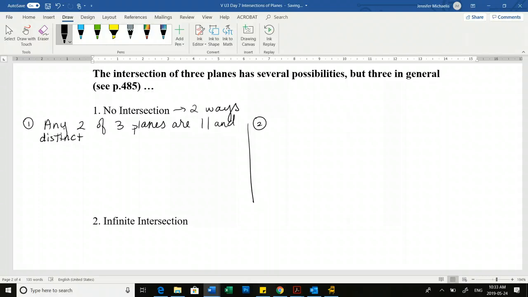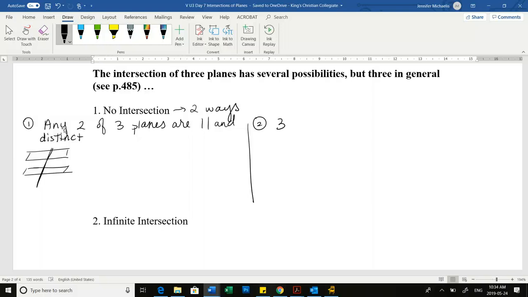This is the example I showed you where you have 1 plane here and 1 plane here, and the other plane crosses through them like this. So we get 2 different lines of intersection in that scenario. We would need 1 single line of intersection for all of them for that set of planes to be considered consistent. The 3rd one will not be parallel to the other 2. That's a different situation.